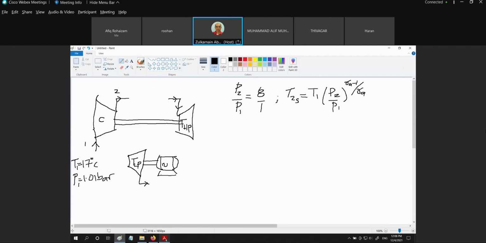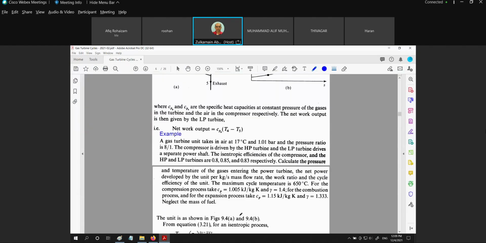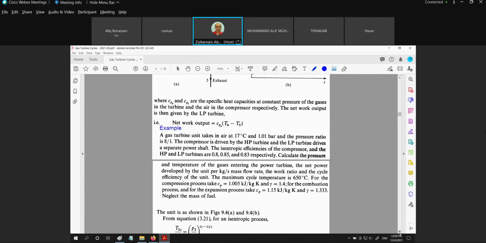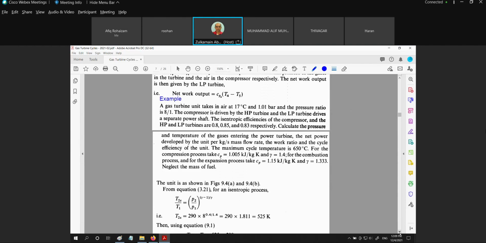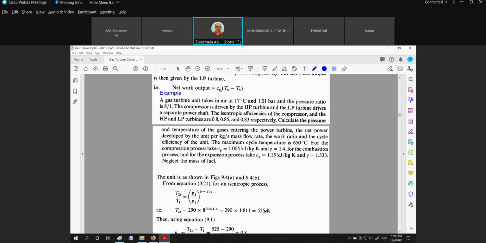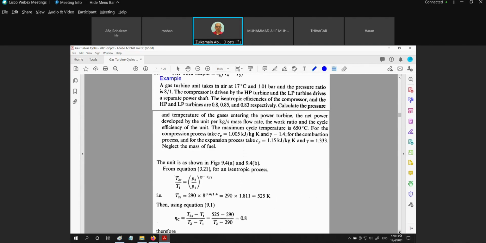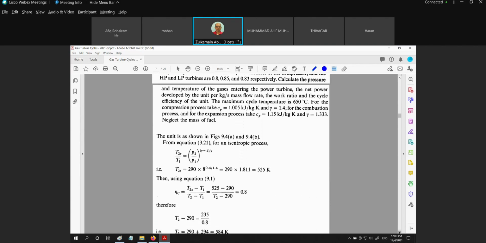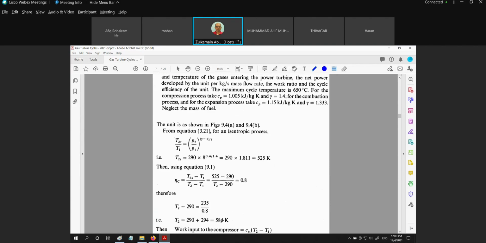And if we look at the solution of this textbook, this type of compression, which is given as the isentropic compression, will only give us 525. Okay, and then next we get the T2. The T2 will only give us 858.4. Okay, this is in Kelvin.